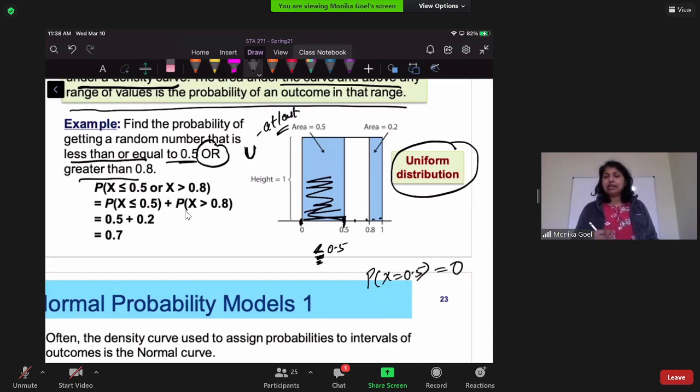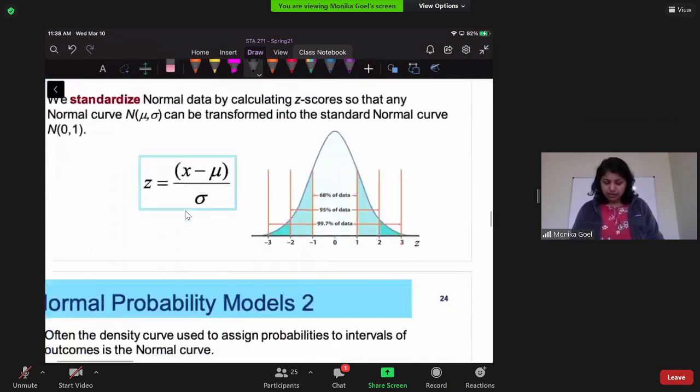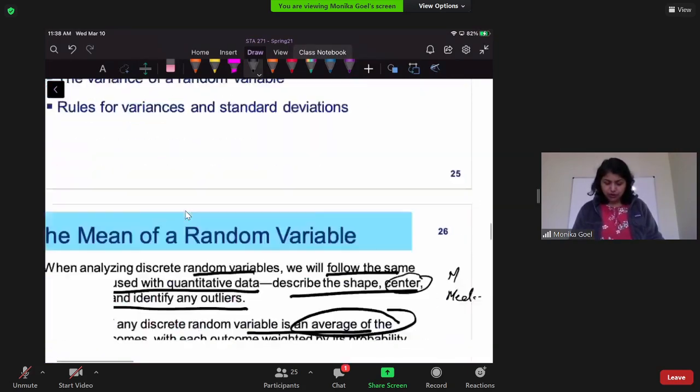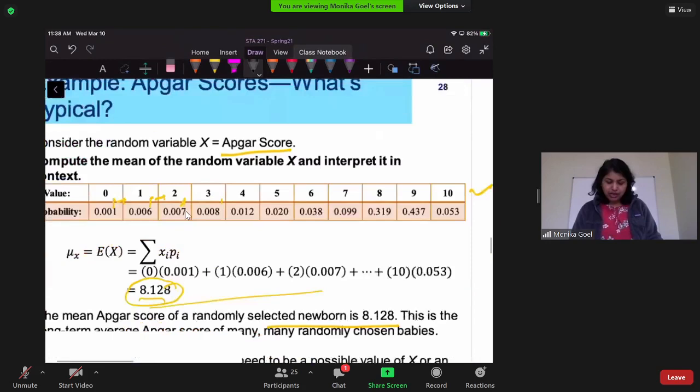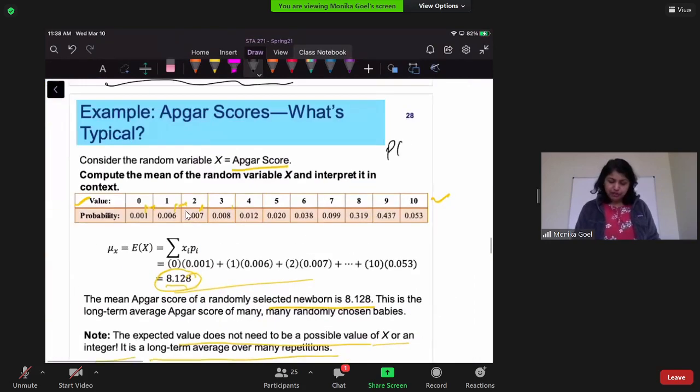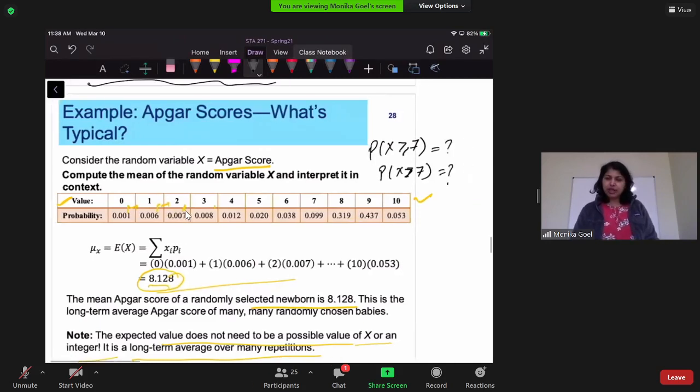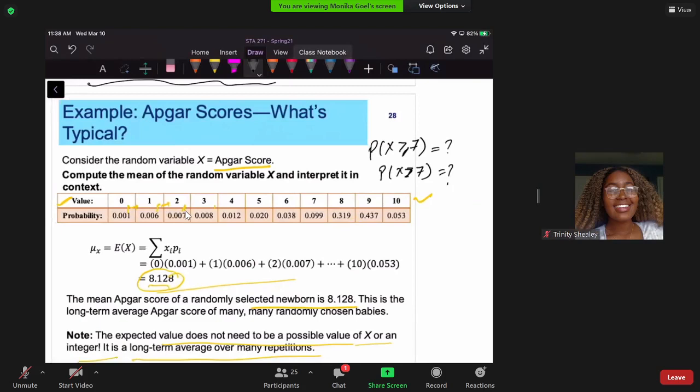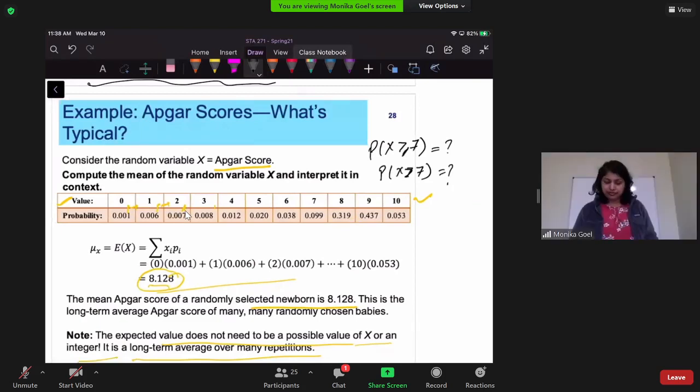But in a discrete probability model, it will change. And let me use the same example to show you how it will change. Here it says probability of x greater than or equal to 7. If I forget to write the equal sign and I have just greater than 7, do you think the answer of both will be the same? If I have probability of x greater than or equal to 7, which one is more?